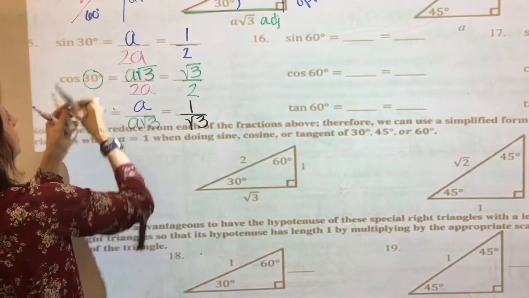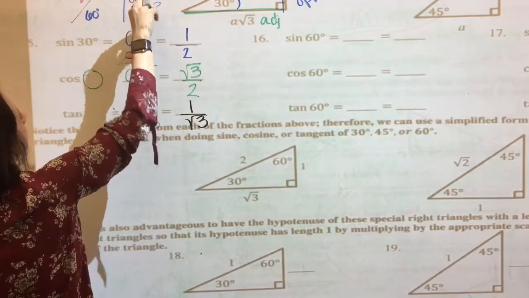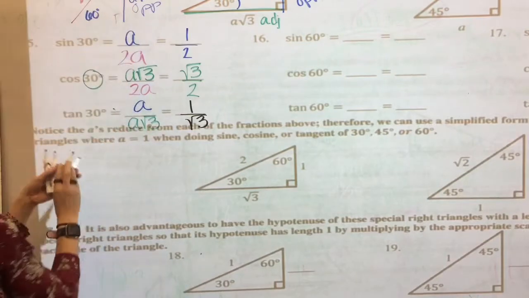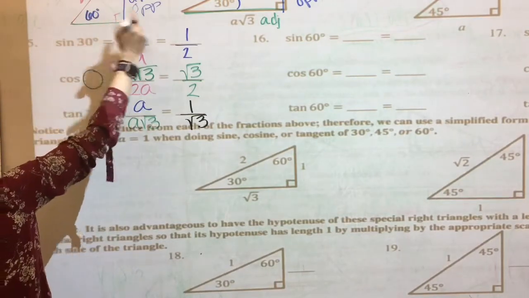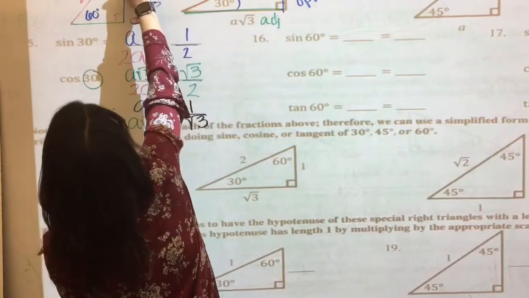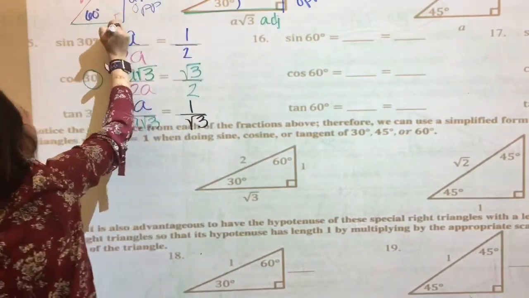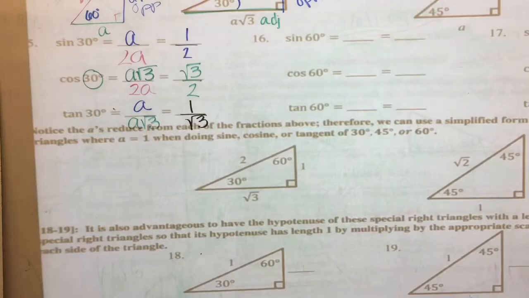This is the opposite here. And then my adjacent here is now the one opposite the 30, so this must be A. So now I want to find sine 60.